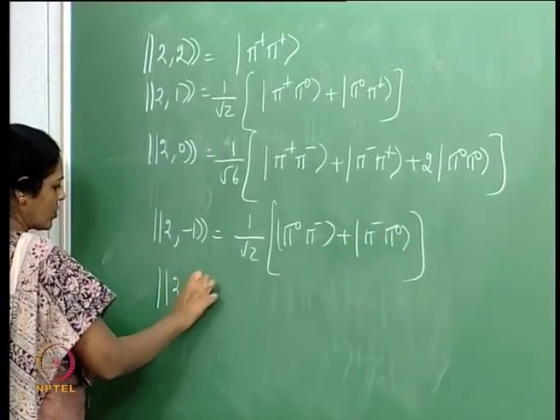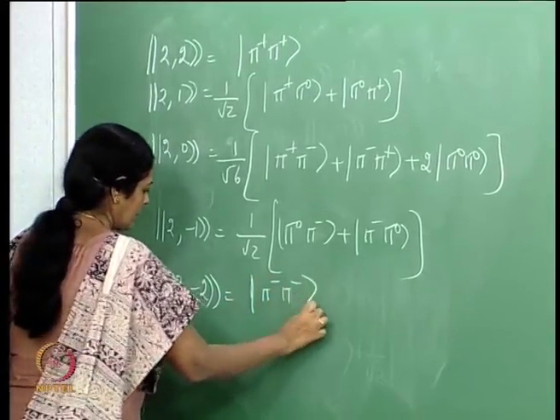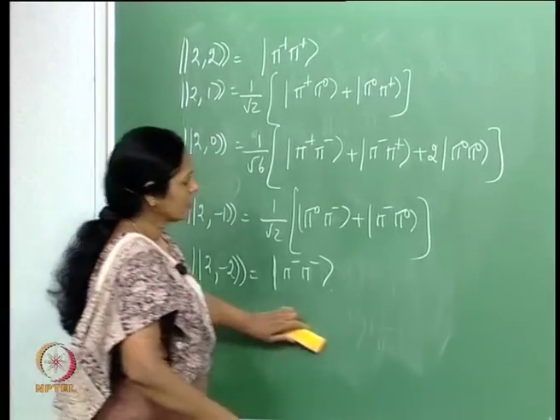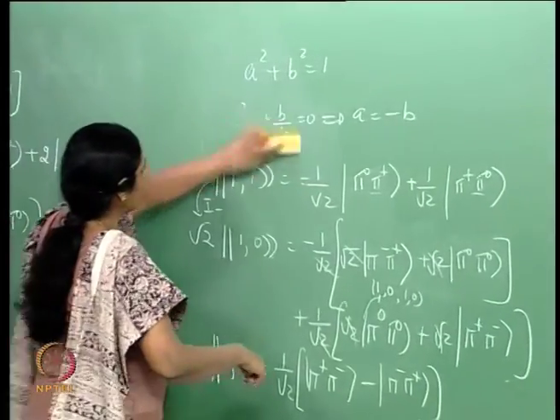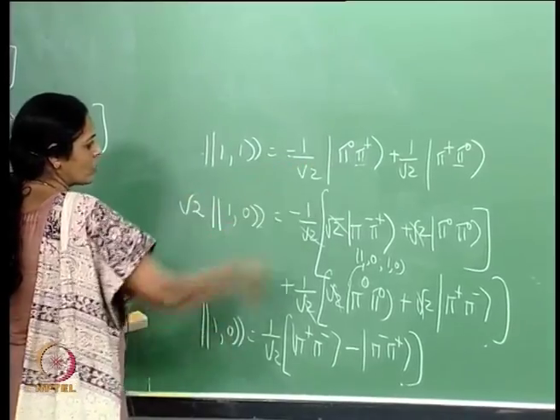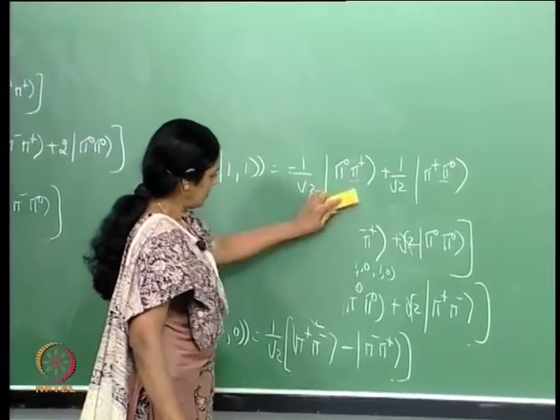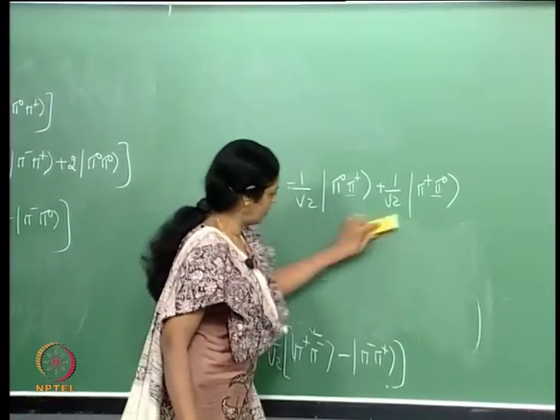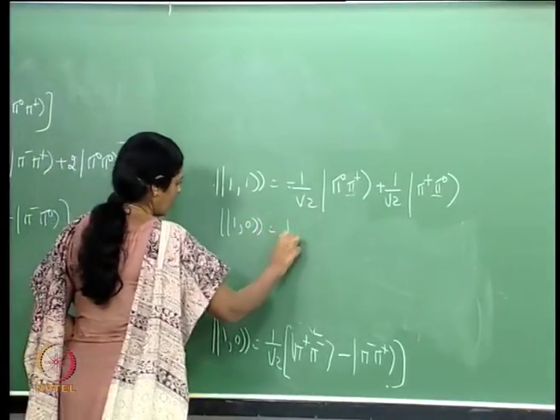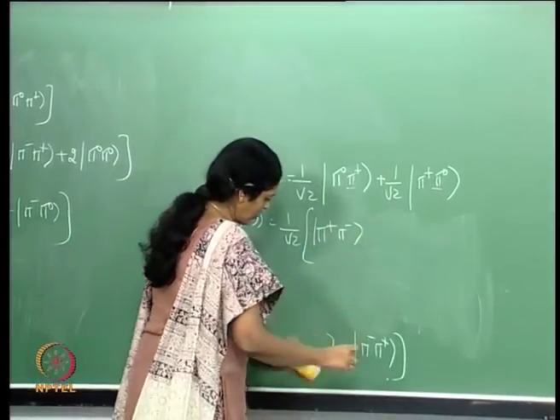2, minus 2 was a stretch case. 1, 1 was the antisymmetric case. So, let me just write that down. 1, 1 is out here. It is minus 1 by root 2 pi 0 pi plus plus 1 by root 2 pi plus pi 0. 1 comma 0 is 1 by root 2 pi plus pi minus minus pi minus pi plus.